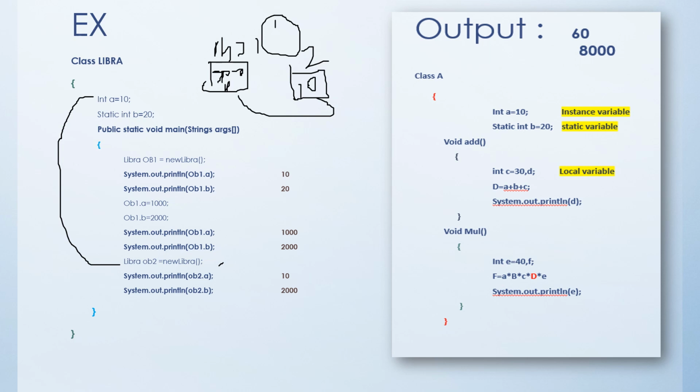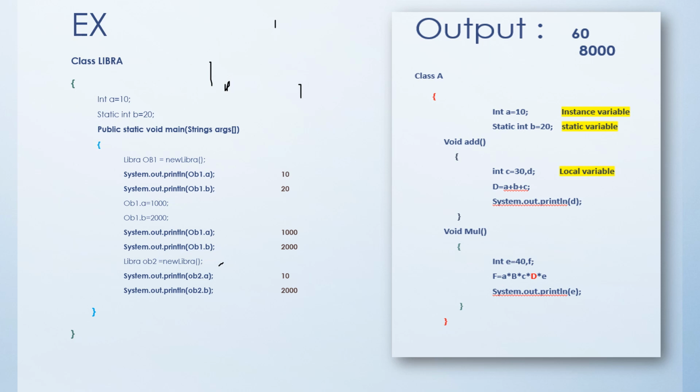So this static variable b is equal to 2000. Why? Because at the start a was 10, after that it changed to 1000. Again, object 2 took the default first value.